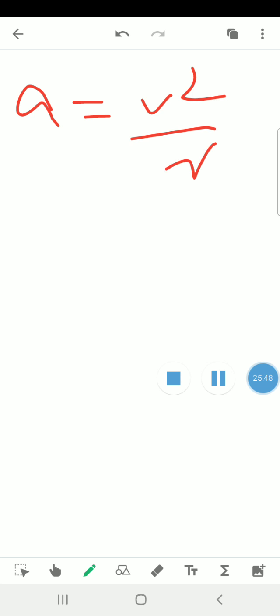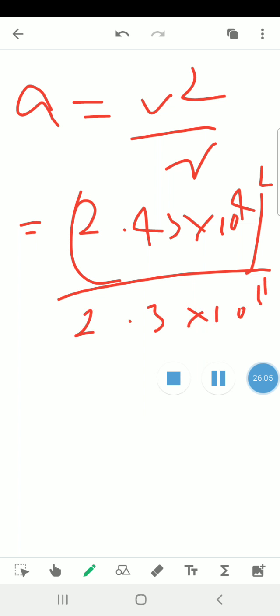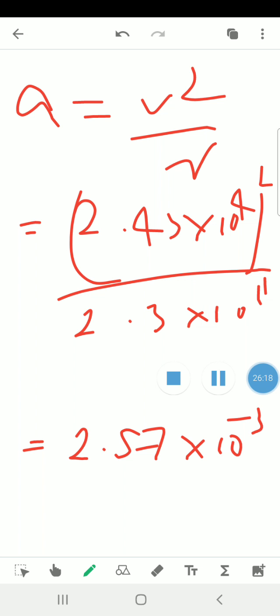So v squared is the value that we just calculated, 2.43 into 10 to the power 4, that has to be squared, divided by r, which is 2.3 into 10 to the power 11. Using your calculator, you will get 2.57 into 10 to the power minus 3 meters per second squared.